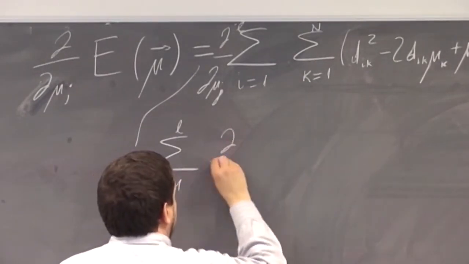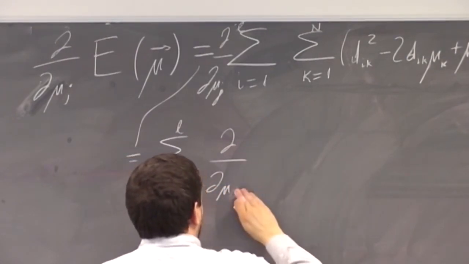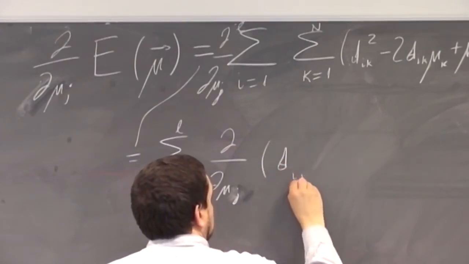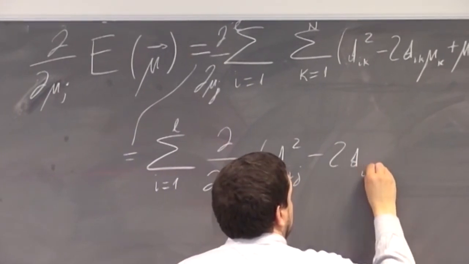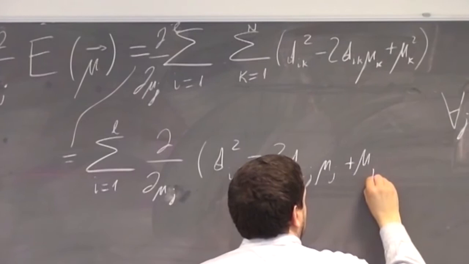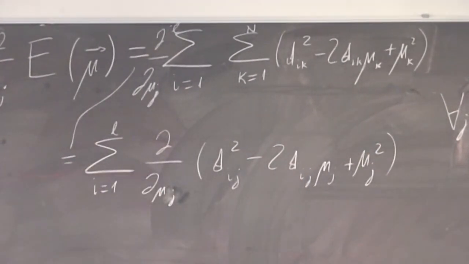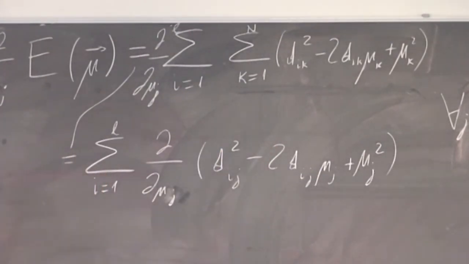So it's actually the derivative with respect to mu_j of d_ij squared minus 2 d_ij mu_j plus mu_j squared. For all other values of k, the derivative is 0.